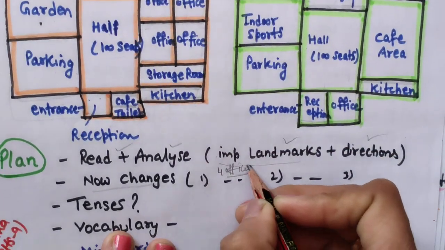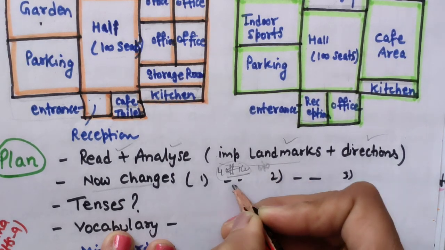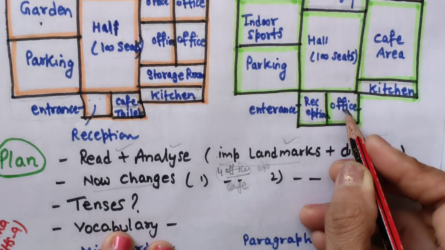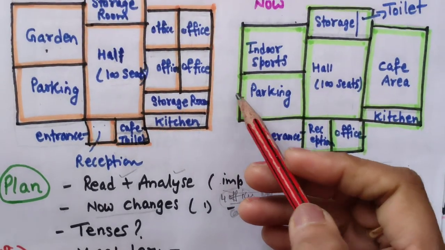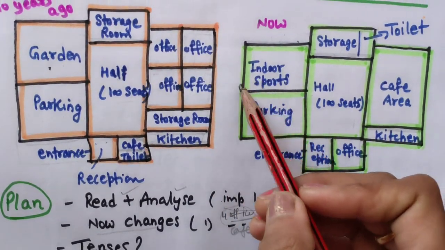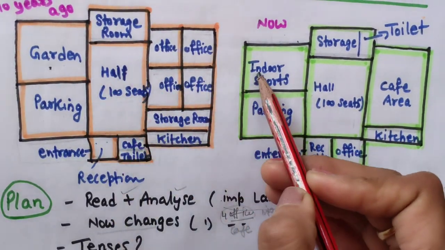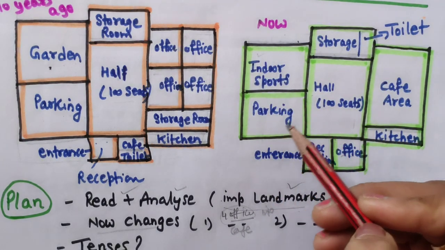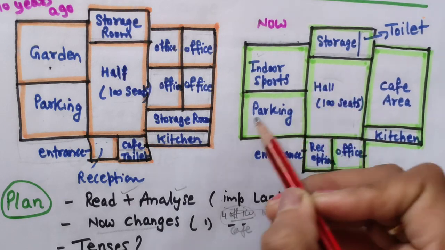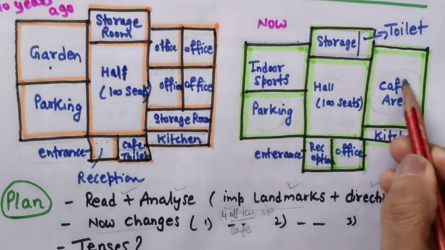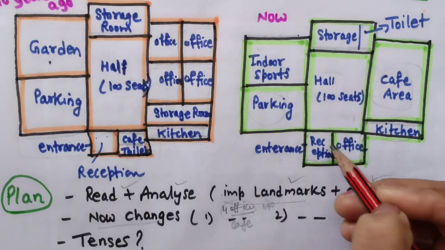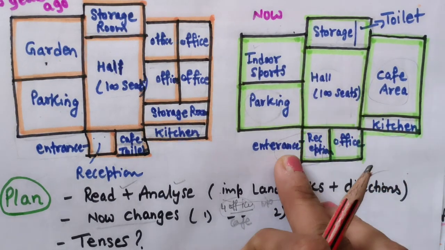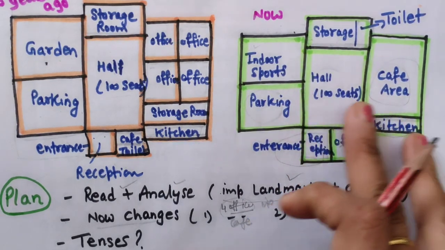So four offices into cafe. And for the second change, I can't write too much, so I have just noted it down. Instead of this, this also changed, so you can just write like that. And this is untouched, this is untouched. This is a major change actually. This portion is also untouched. So you can make some distinction in your marking.